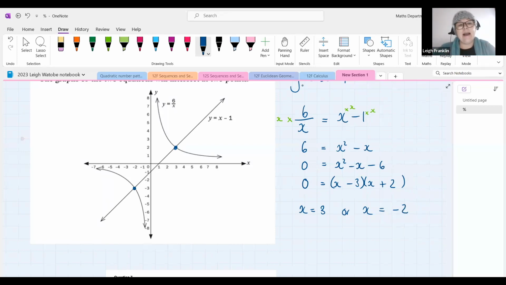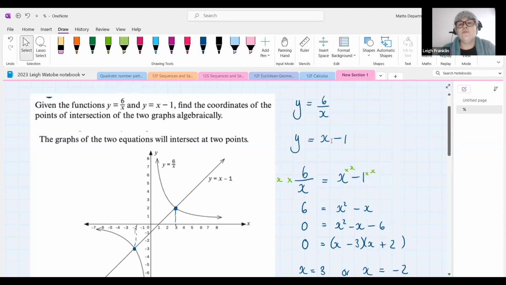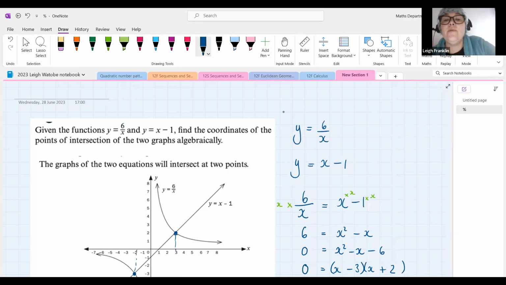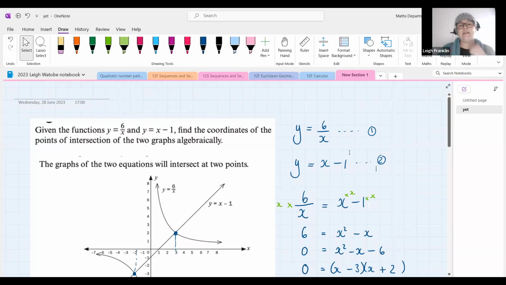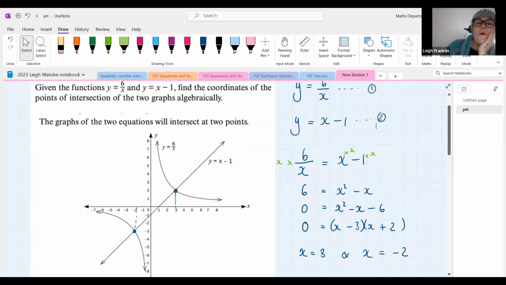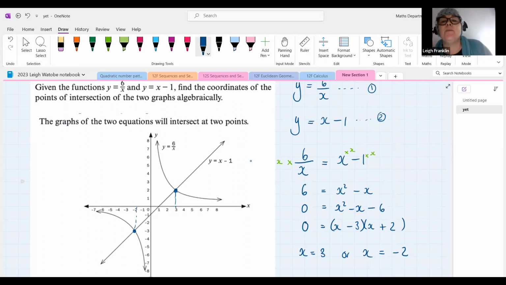When I go back, I can see that this makes sense. That looked like it was going to be 3, and that looked like it was going to be -2. Now I have to use one of the equations. Either I can use equation number 1, or equation number 2. It really doesn't matter. I now need the y coordinate when x is 3 or when x is -2. I'm going to use equation number 1.